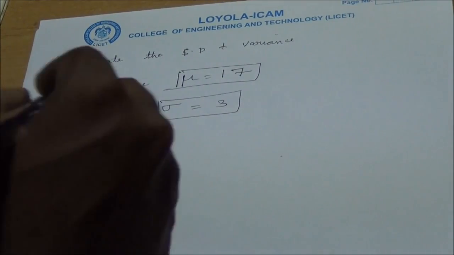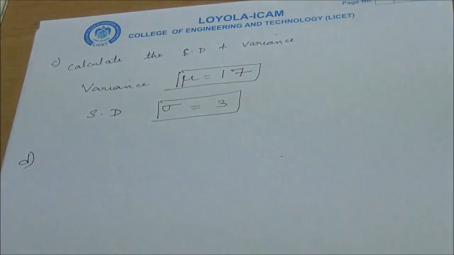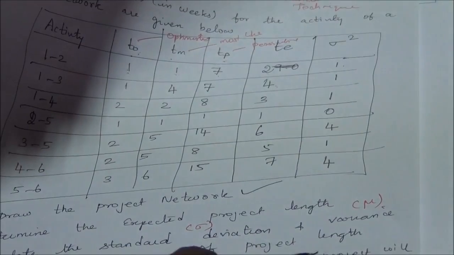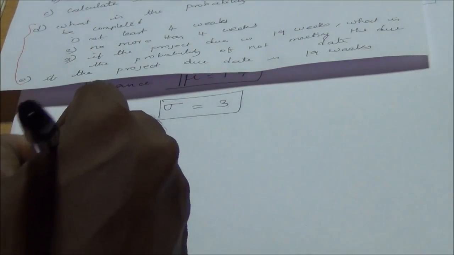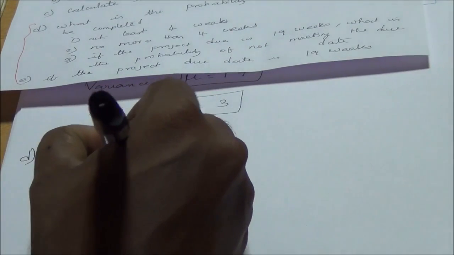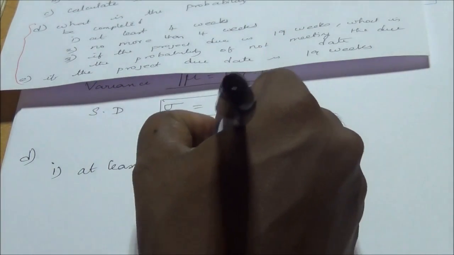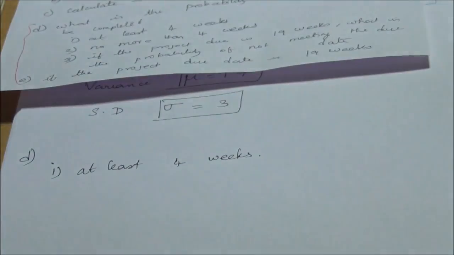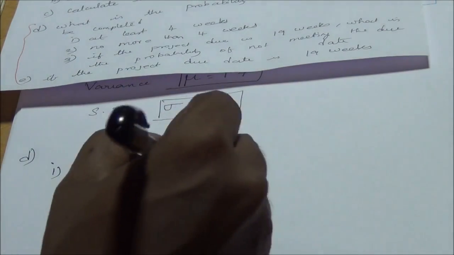Okay, next thing is we have to calculate D. So D is: what is the probability that the project will be completed. They have given a criteria, at least 4 weeks. So the given value is 4 weeks.